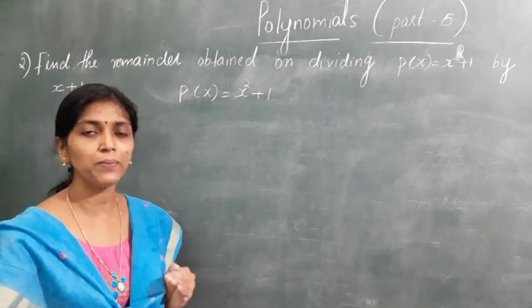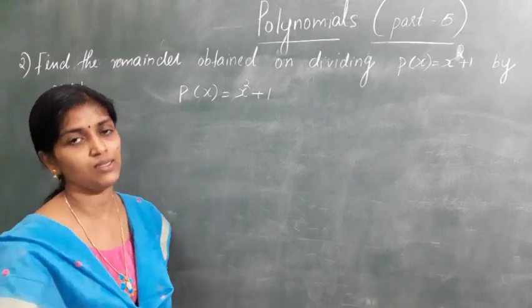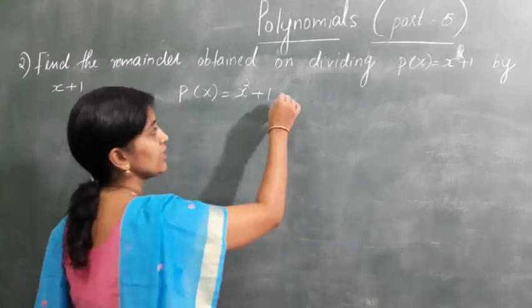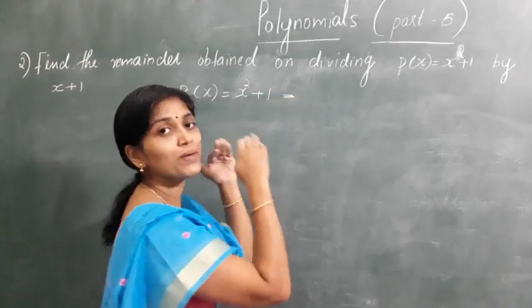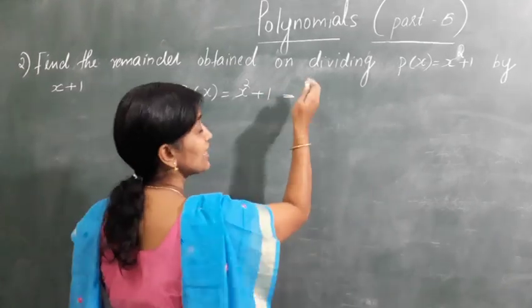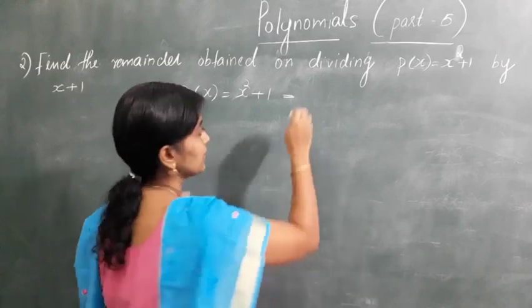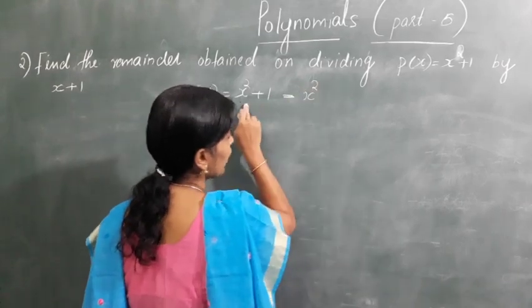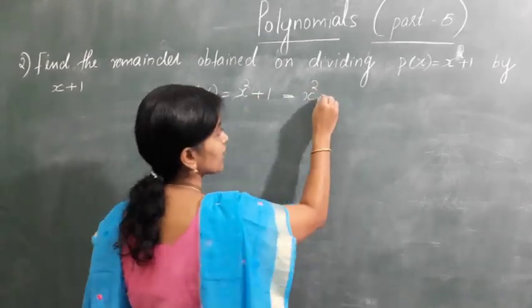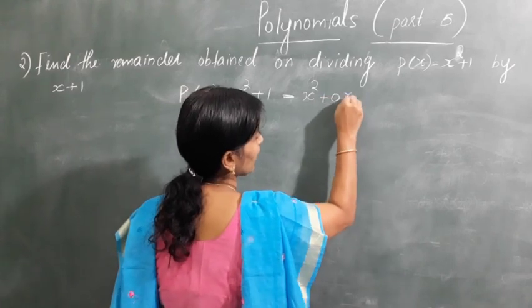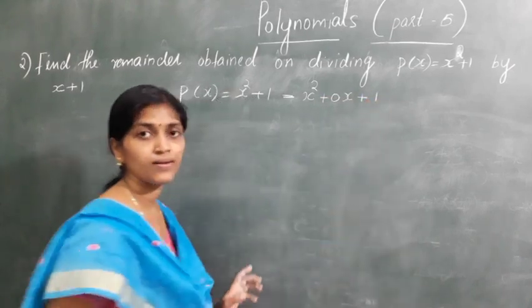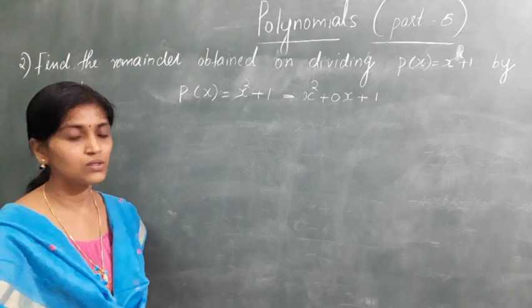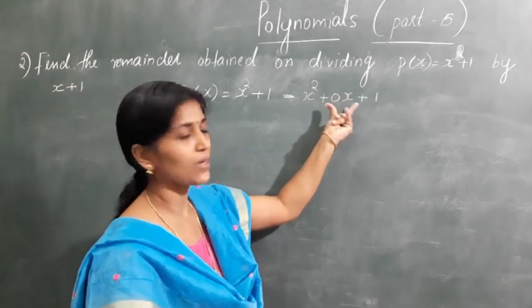So to make our division easy, we will write the same polynomial with that term having the coefficient 0. That is, the same polynomial x square plus 1 can be written as x square plus 0x plus 1.